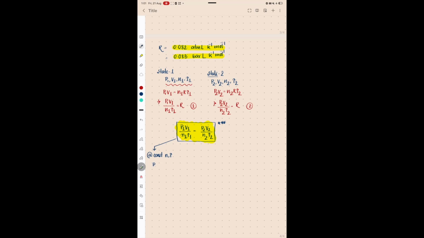The equation will reduce to P1 V1 is equal to P2 V2, right? Or what I can say is that PV is equal to constant, or that P is inversely proportional to volume. Okay, so what is this? This is called Boyle's law.